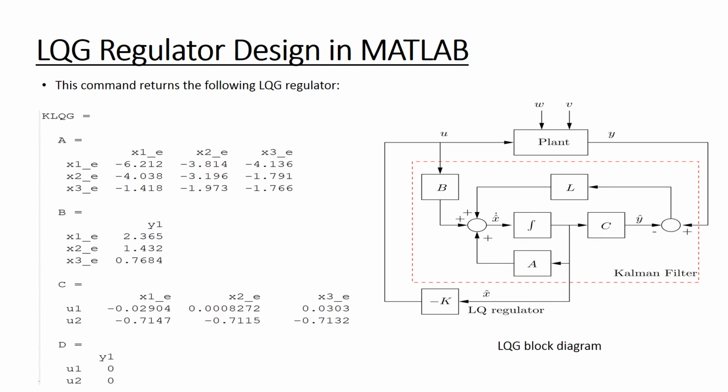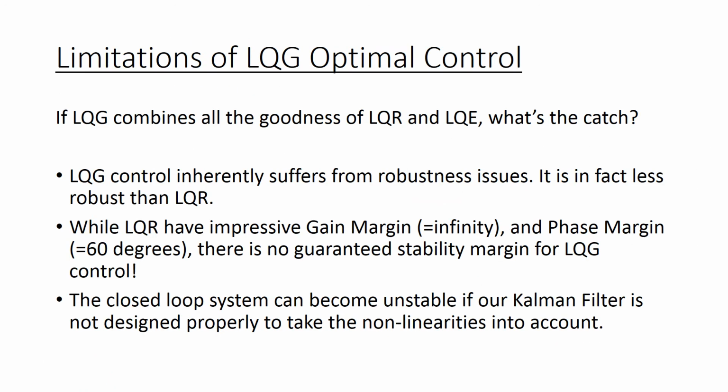In this system, the plant has a process noise, and our measurements are corrupted by the measurement noise coming out of the plant. So we are using both the goodness of LQR and the Kalman filter, which is LQE, the linear quadratic estimator.